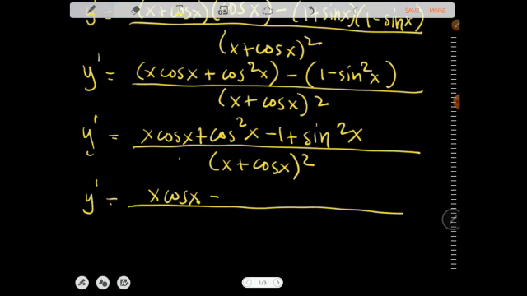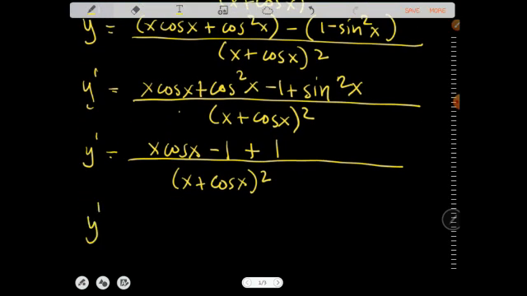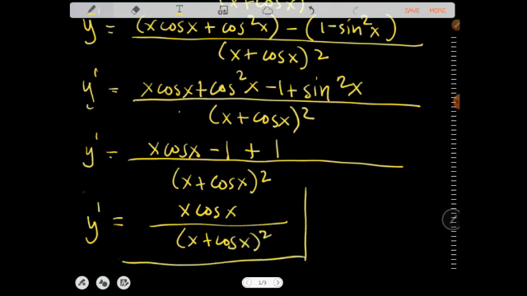Minus 1 plus 1. Saan galing yung 1? Yung positive 1 is galing siya sa cosine squared x plus sine squared x. All over x plus cosine of x squared. So, this is equals to, ito, cancel yan negative 1 plus 1, di ba? So, this would equal to x cosine of x over the quantity x plus cosine x squared. So, ito na yung ating solution for that derivative niyan.